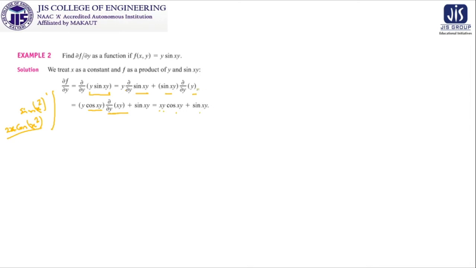This is as simple as that. So your job is to practice, practice and practice to be confident in this calculation, because once partial differentiation has started, you will see that each and every problem of this module will have the idea of partial differentiation.